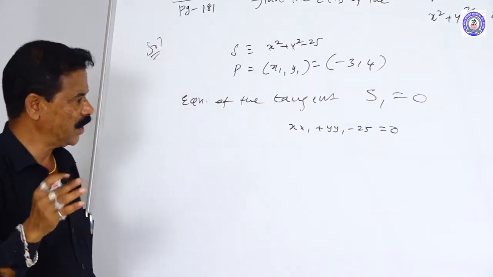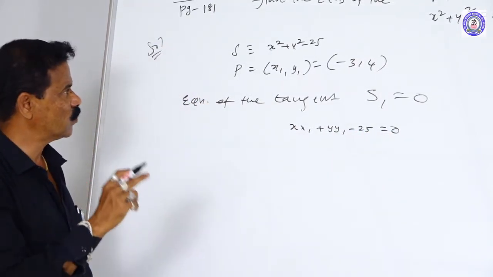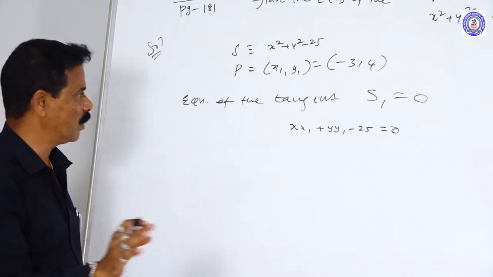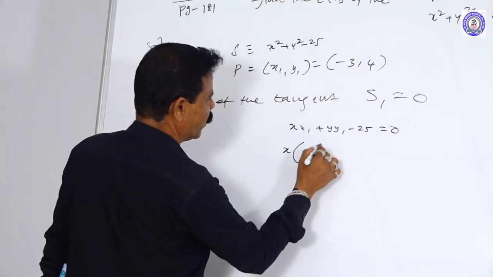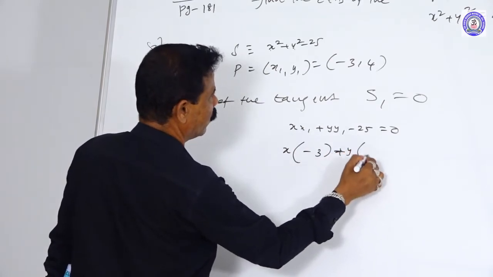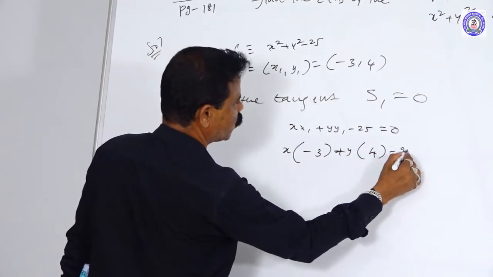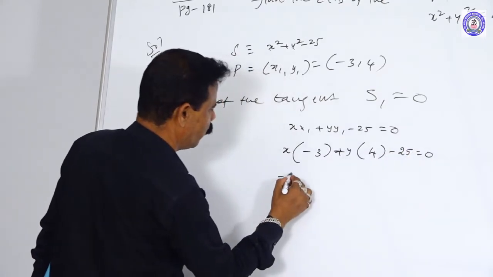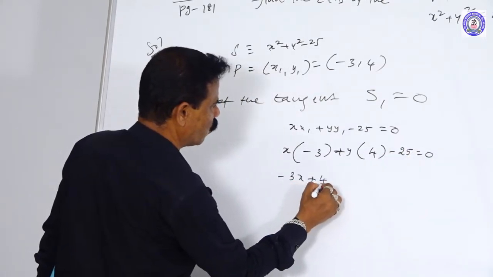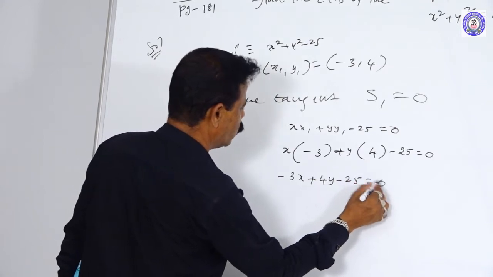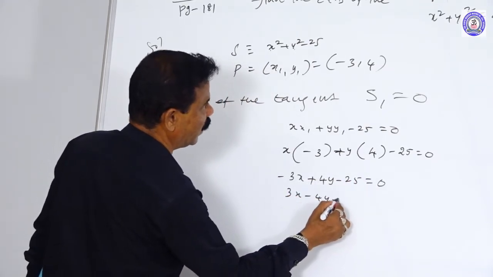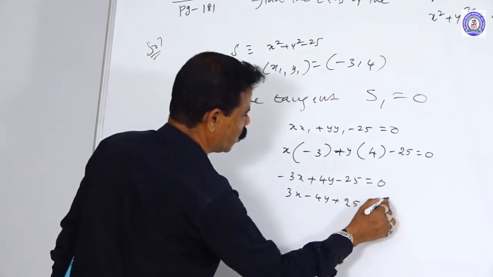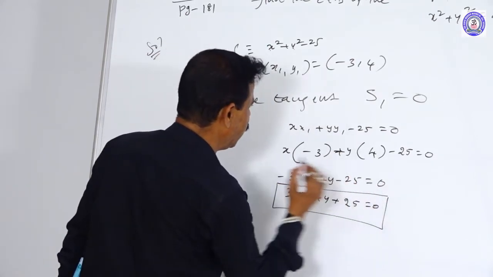X square is split into x1, y square is split into y1. So x1 is minus 3, y1 is 4, minus 25 is equal to 0. Minus 3x plus 4y minus 25 is equal to 0. Taking minus outside, 3x minus 4y plus 25 is equal to 0. This is the equation of the tangent.